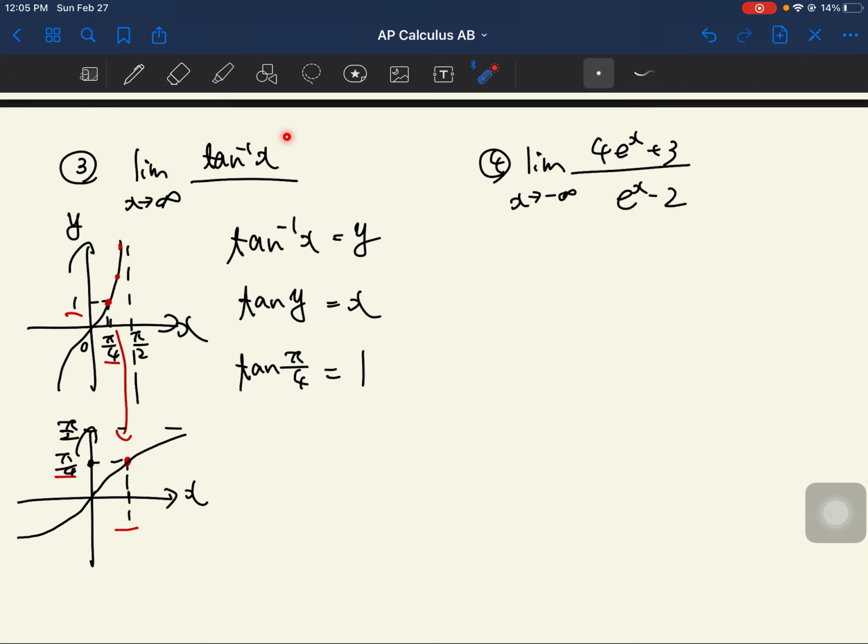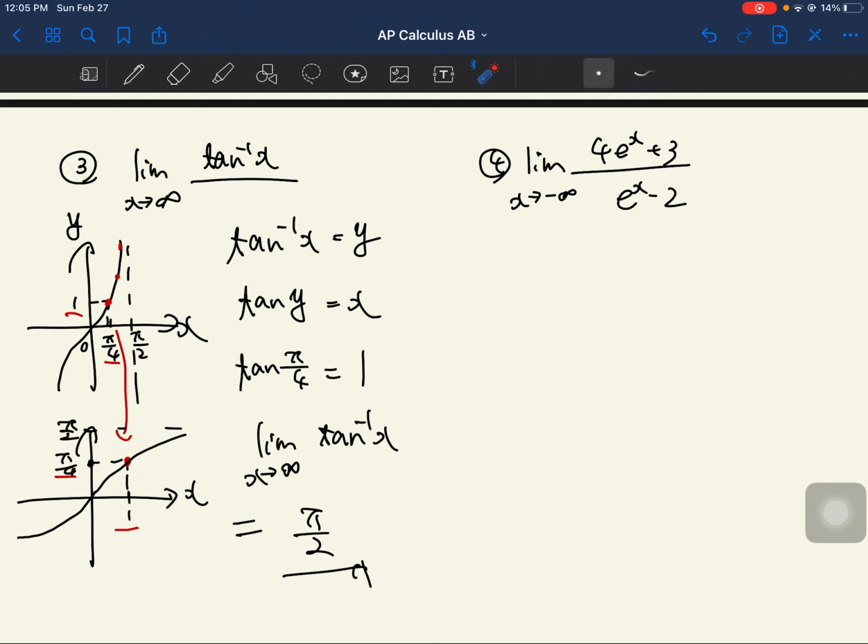Okay, then let's go back to this question. As x approaches infinity, the y value is getting close to pi over 2. So the limit of inverse tangent of x is pi over 2.